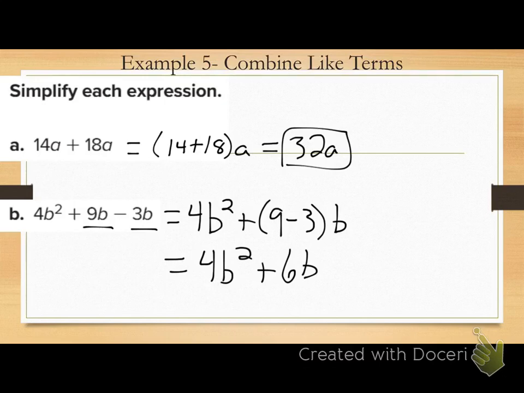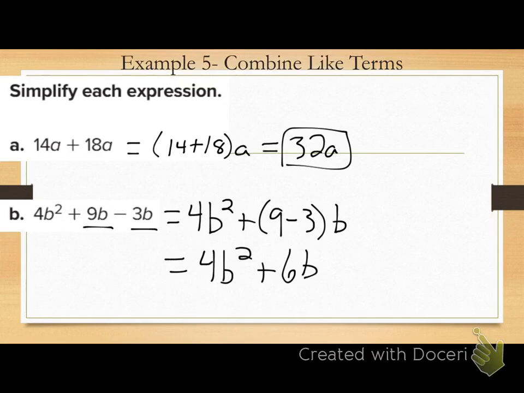Okay, let's think about simplest form here. Simplest form means there's no more like terms. Do I have any more like terms? I don't have any more like terms. They have the same variable, but they do not have the same exponent, do they? No. So these are not like terms. Simplest form also means I don't have any more parentheses.